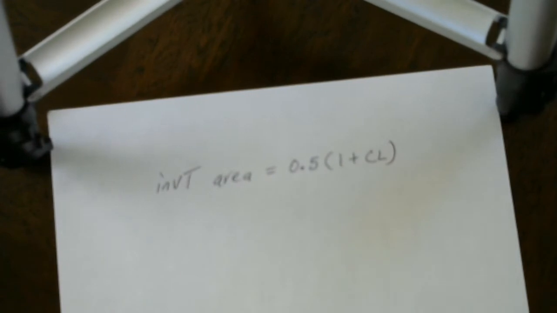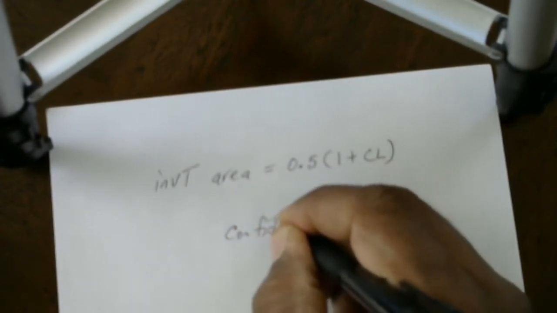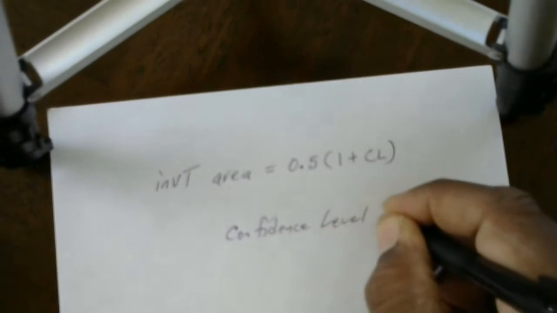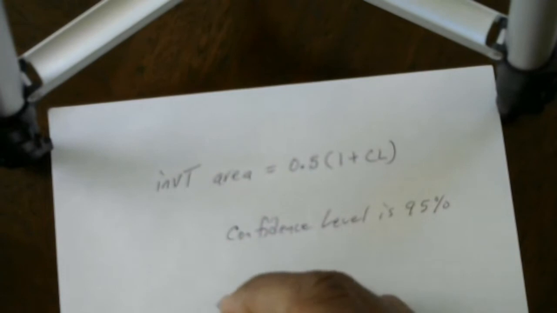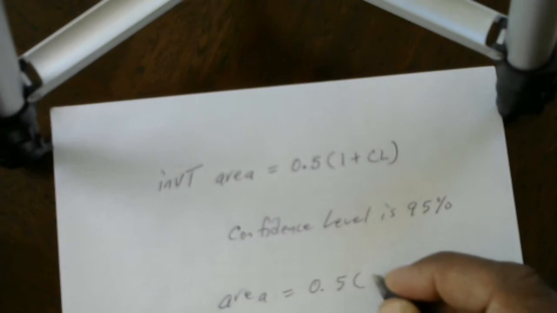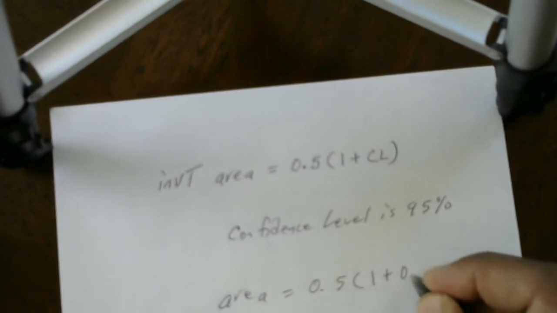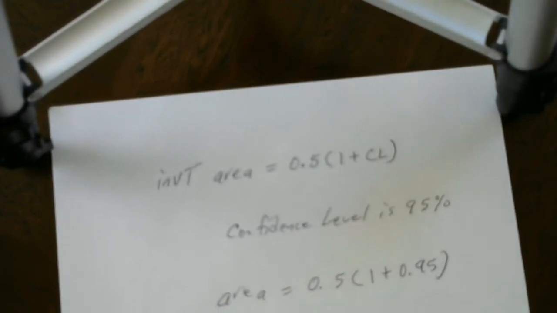Right? So how does that relate to our problem? Well, in our problem, the confidence level was 95%. So for the area, I'm going to put in 0.5 times 1 plus 0.95, and the degrees of freedom as 49.